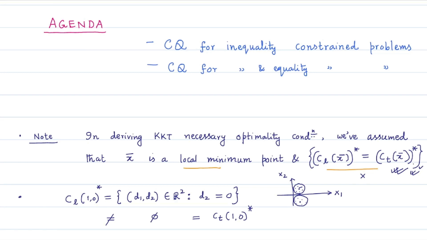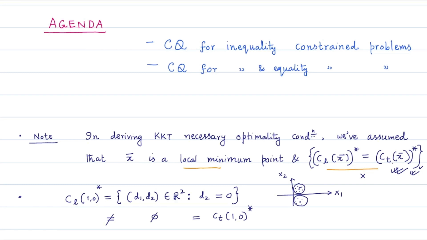You notice that to verify this condition, we need to identify neatly the linearizing cone, the tangent cone, and their dual. For a general constrained optimization problem, this is not really an easy task.